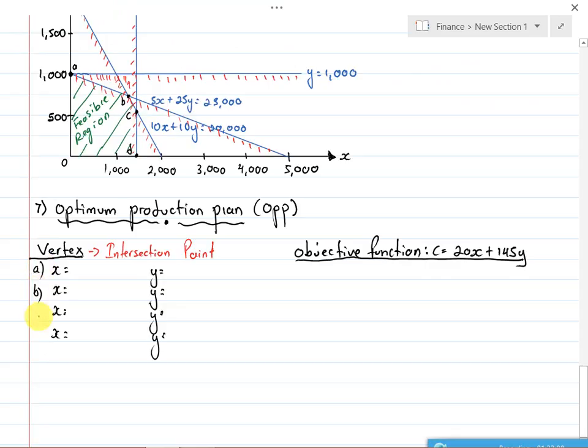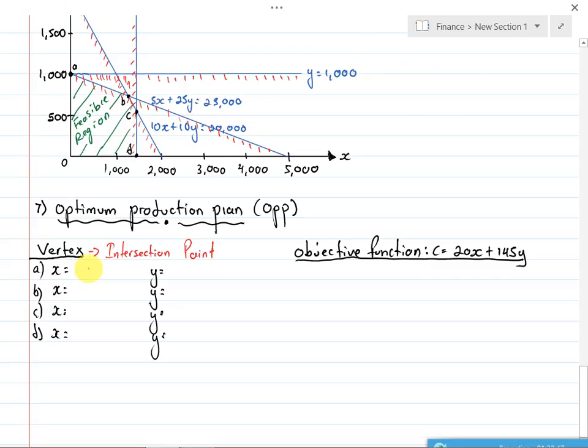How much? A is how much? X equals to 0, y equals 1000. B?